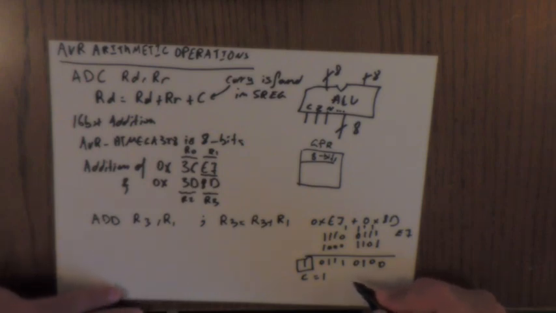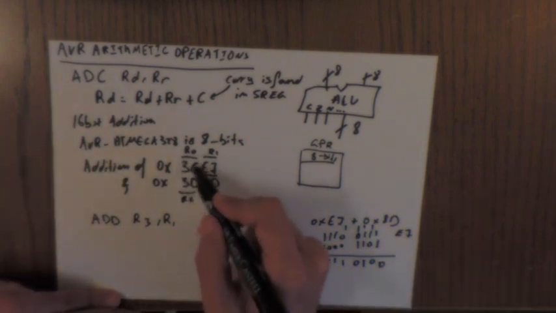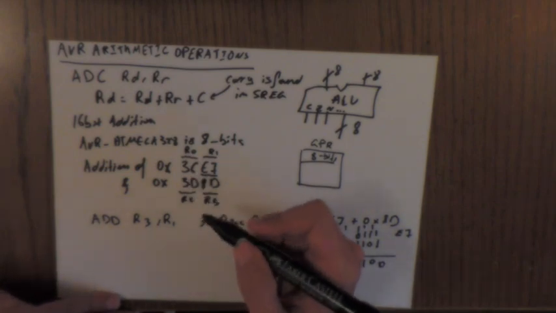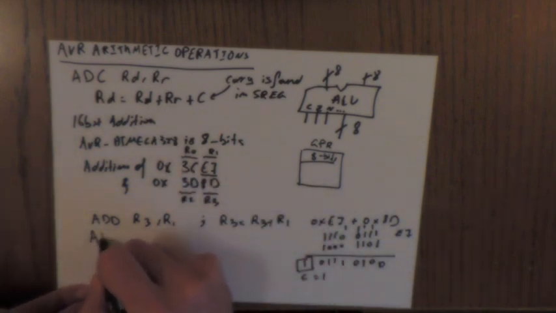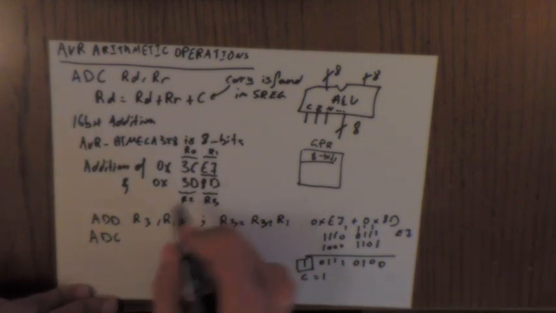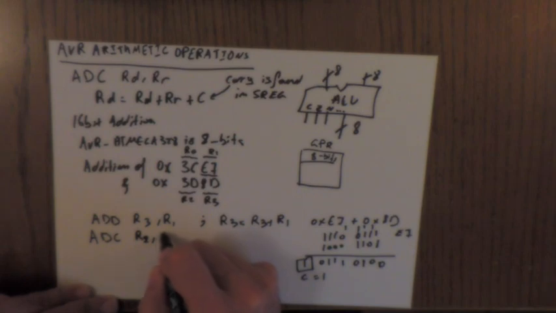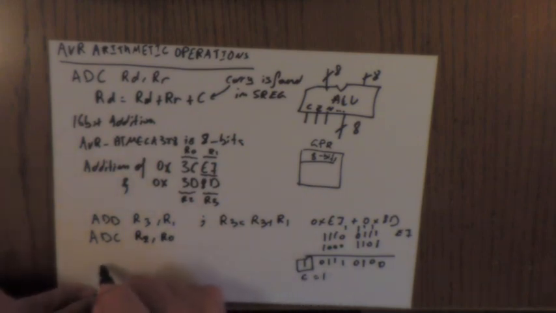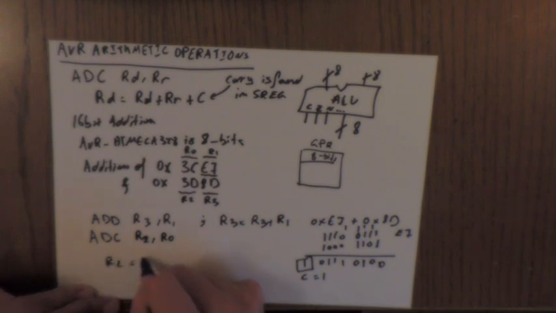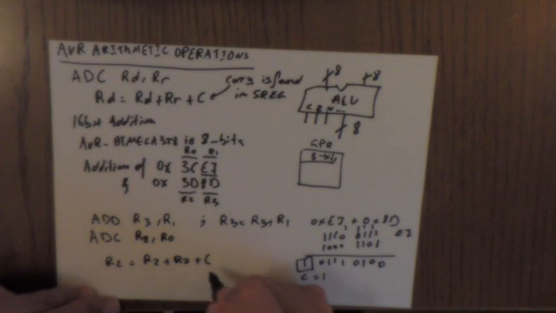So this carry should be added to the addition of 3C and 3D. In this case, we use add with carry, so ADC R2, R0. What this does is R2 is equal to R2 plus R0 plus carry.